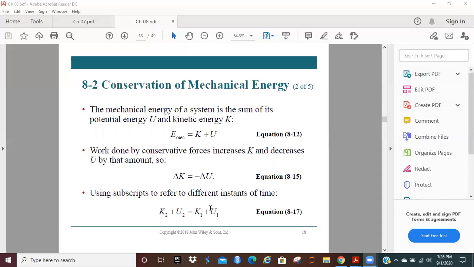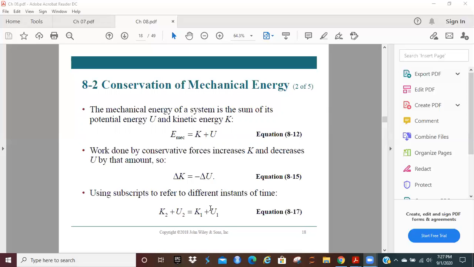So conservation of mechanical energy. Mechanical energy of a system is going to be the sum of the potential energy and the kinetic energy. Work done by conservative forces increases K and decreases the potential energy by that amount. So the positive change in the kinetic energy is going to be the same as the negative change in the potential energy.